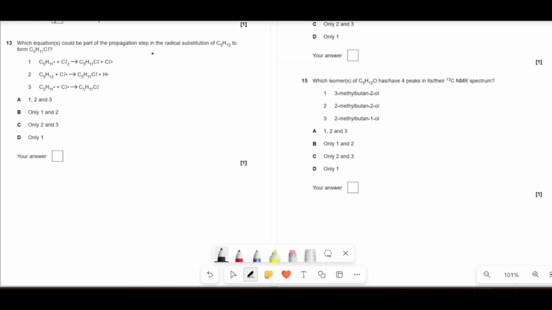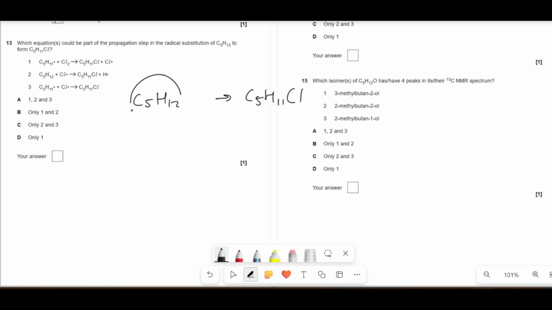Which equation could be part of the propagation step to form this? When you've got propagation, what that means is radical plus non-radical makes something plus radical. It's always radical, non-radical. Whereas initiation is making the radicals, and termination is radical, radical, mopping them up. So from this to that, C5H12 eventually becomes C5H11Cl, right? So it's got to react with a radical.